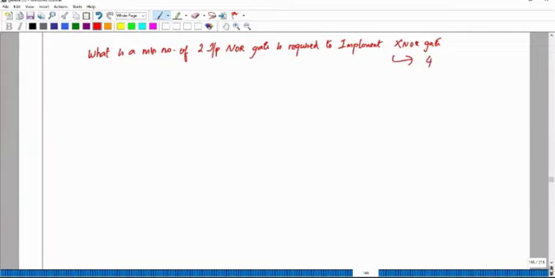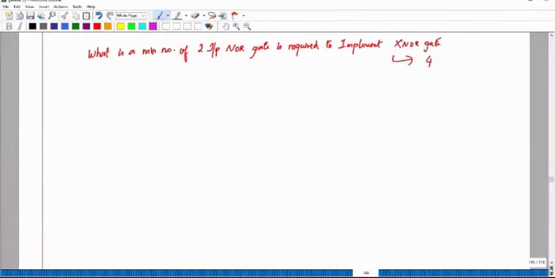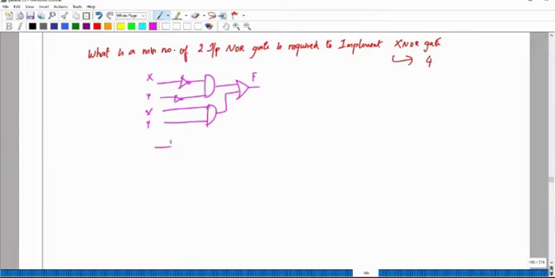Okay. Let's check how. So I have to do it in the reverse manner. So for the input of the AND gate, add 2 inverters.